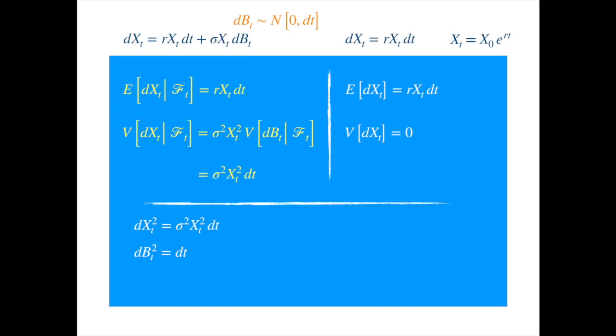Remember, variance of dB is dt, so you can see the analogy. Now dt is supposed to be very small, so we can ignore the higher order terms such as dt squared and dt times dB. And by the way, you can get the previous expression for dx squared by applying the (a+b) squared formula to dx, and then setting the cross and higher order terms equal to 0.